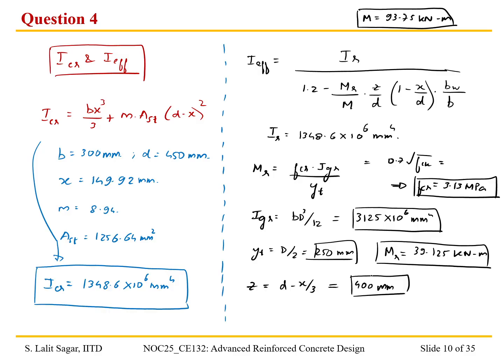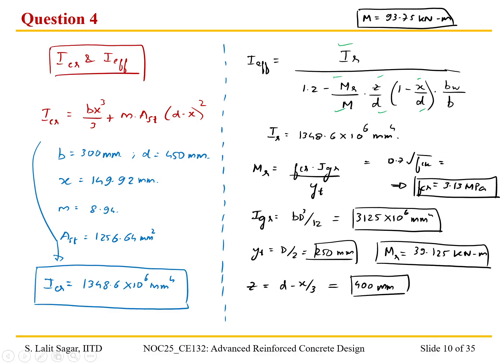So we got the value of IR, the value of MR, and M, and then we know the value of Z, D, X, and D. Here the BW refers to the width of the web, and B is the width of the beam cross section, so both are one and the same. So this term becomes 1.